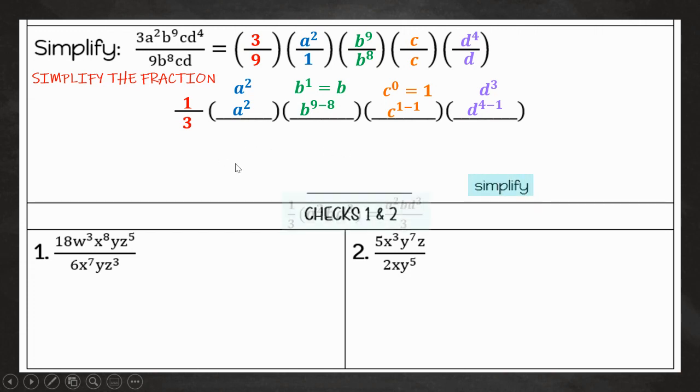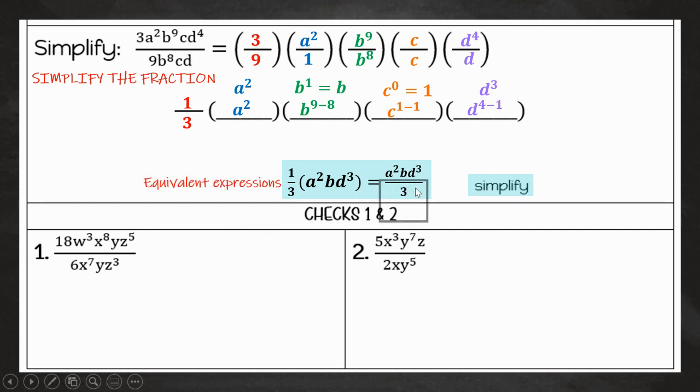But here's something that might be new to some of you. Yes, you may want to write it as 1 over 3 multiplied by a squared b d to the power of 3. However, the way you're going to see it most often is like this: a squared b d to the power of 3 all over 3.